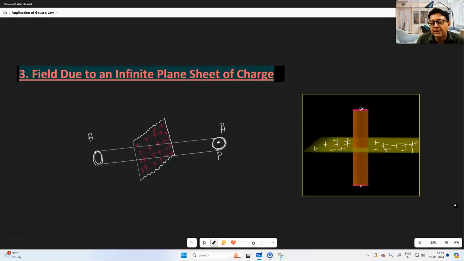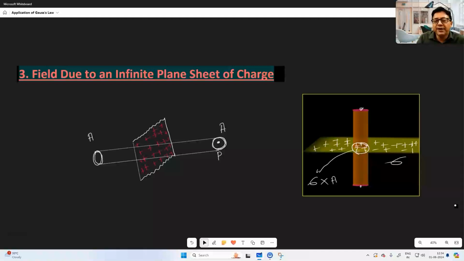Then this Gaussian surface, which is a cylinder, will enclose some charge from the surface. How much? That will be equal to the charge enclosed in its area of cross section, you understand? If the surface density of charge is sigma, the charge in this portion is sigma into area. Am I correct?